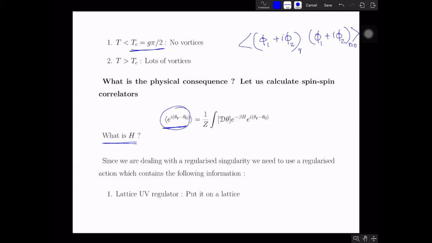So we want a Hamiltonian, but we have to be careful in writing it because we are dealing with vortices. We have to be careful that the Hamiltonian is well defined even at UV length scales, or the lattice length scales, and hence we have to have a Hamiltonian which explicitly incorporates the UV length scale.